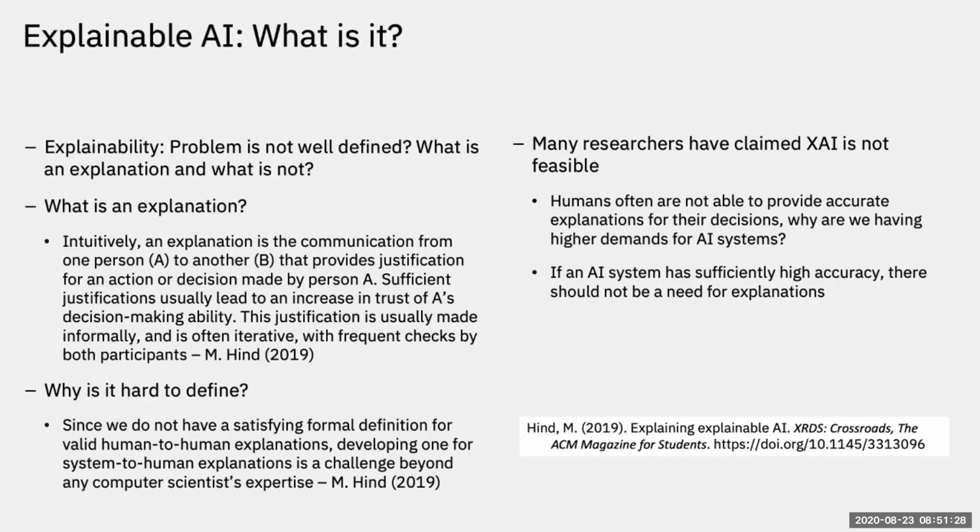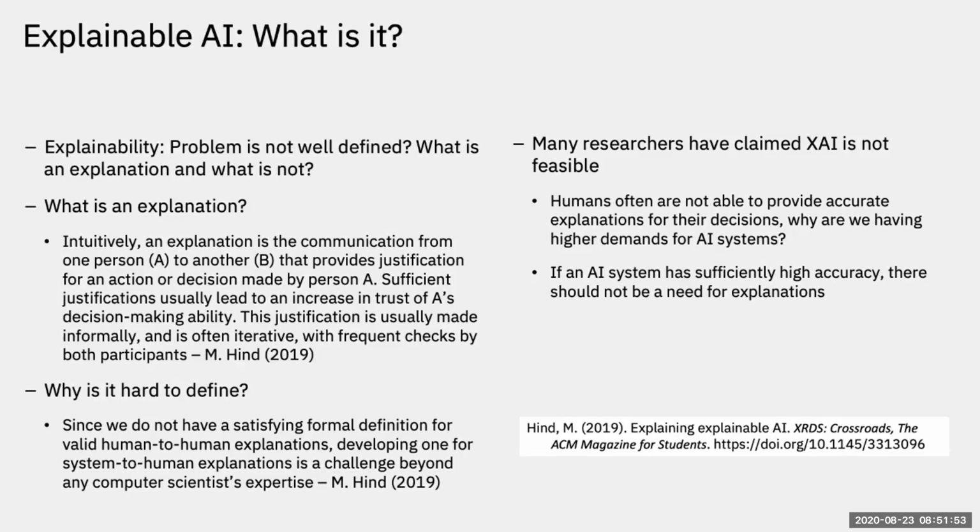Michael Hind, in the paper referenced on the slide, argued that explainability in itself is a communication problem. As you can see on the slide, he defined an explanation as the process of communication from person A to B, where person A makes justifications for their action or decision.